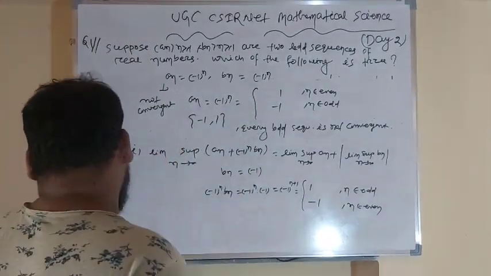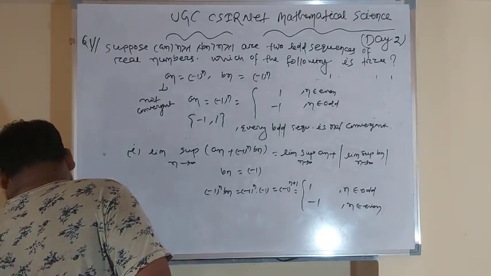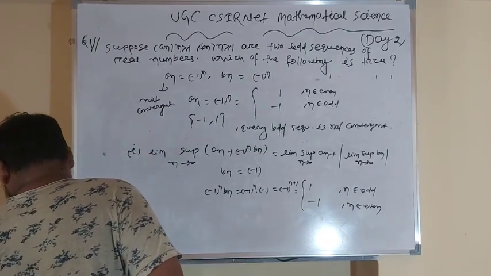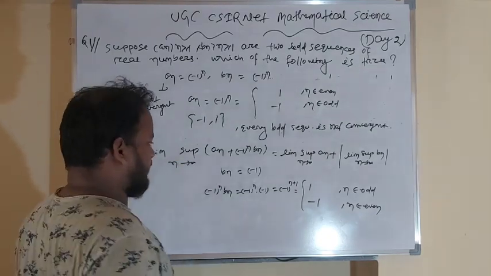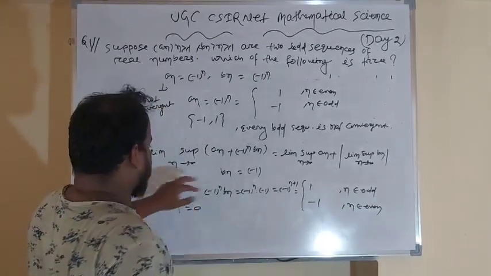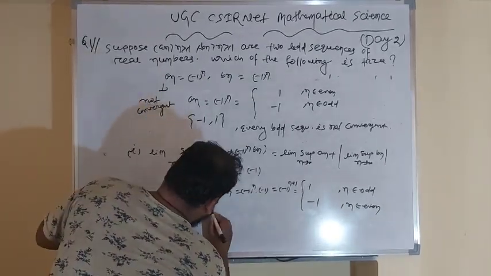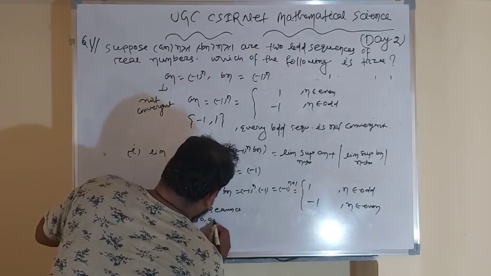That means any constant term can be chosen. Suppose we take the sequence a_n as the constant 0, that is 0, 0, 0, 0.